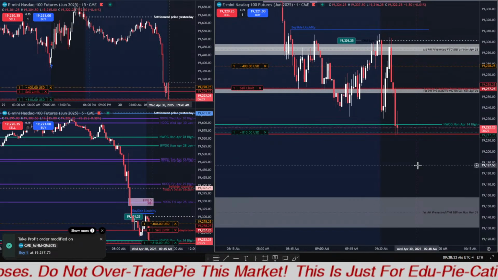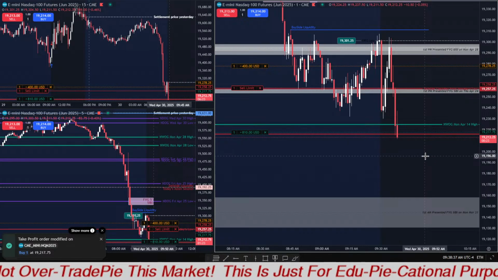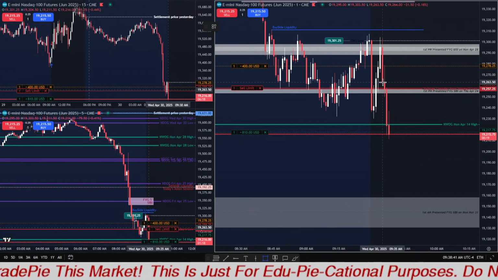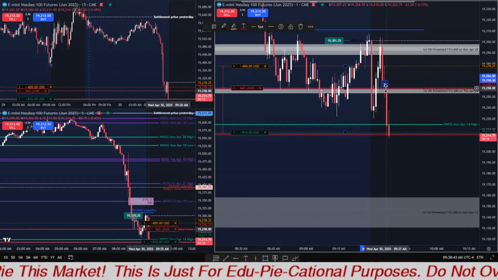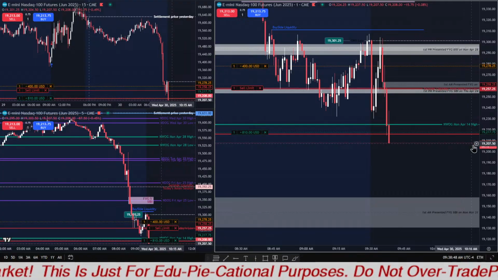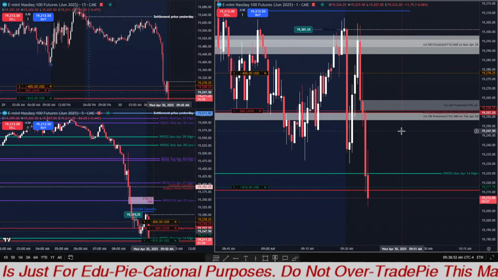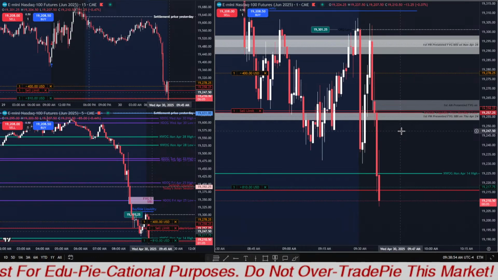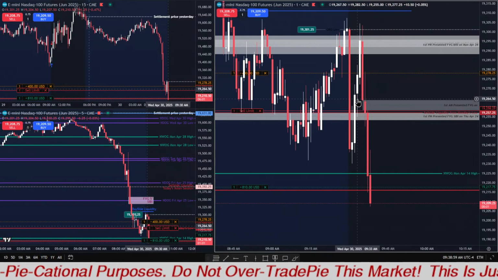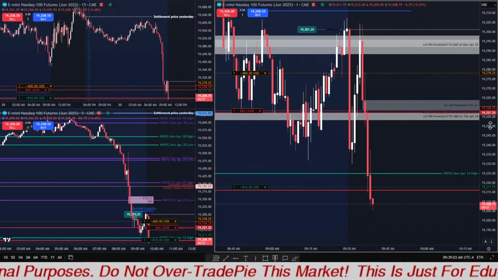Now just waiting for the market to see if it gets back to our first presented fair value gap. Notice the volume imbalance above the fair value gap, that we also include in our price.